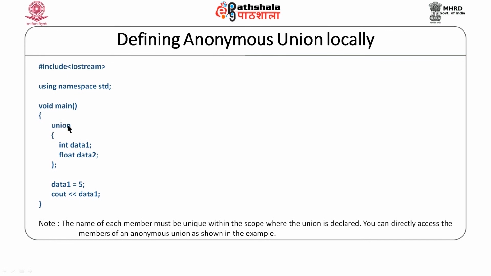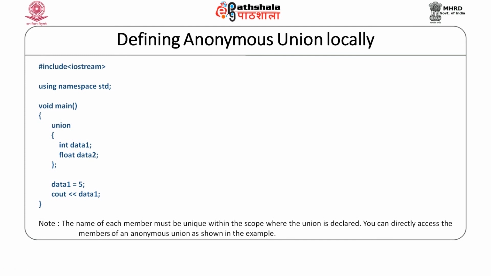You would see that here, after the keyword union, we do not have the name, and since we do not have the name, the members of this union can directly be accessed without using the dot operator. But to do this, the names of the data members of this union must be unique within the scope in which it has been defined.